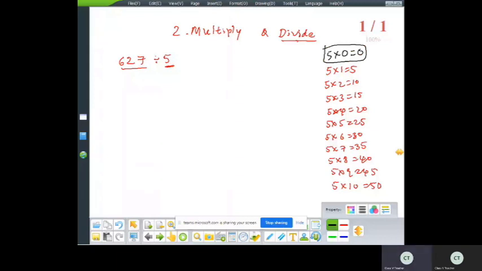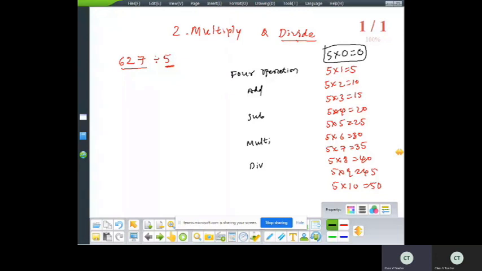See, in mathematics, we have 4 operations: addition, subtraction, multiplication, and division. The process of addition is from right to left. Subtraction also, the process is from right to left.